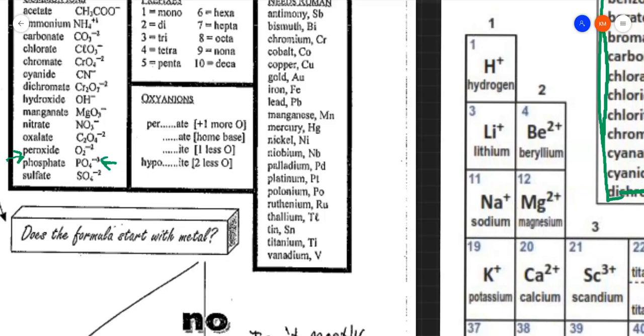If something ends in ITE, it has one less oxygen, same charge, but one less oxygen. And so this is actually PO3 3 minus.